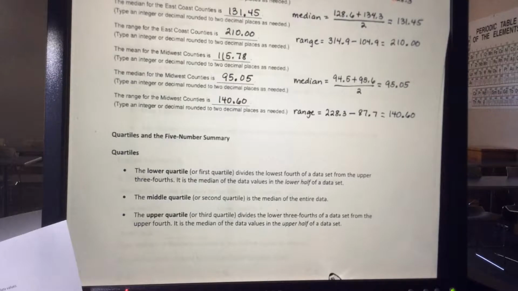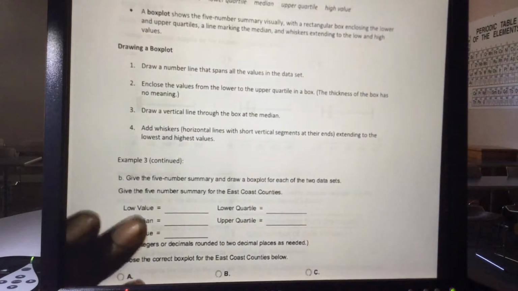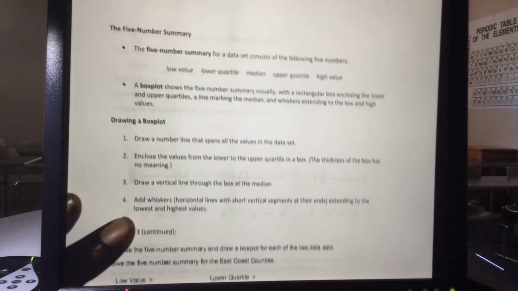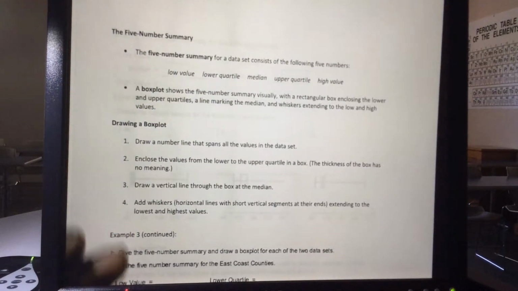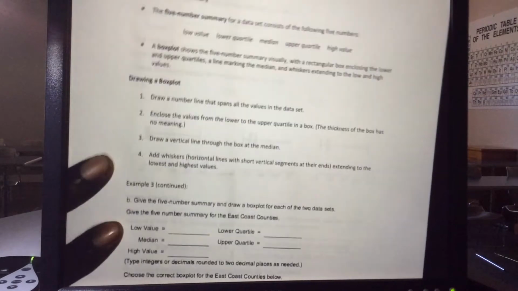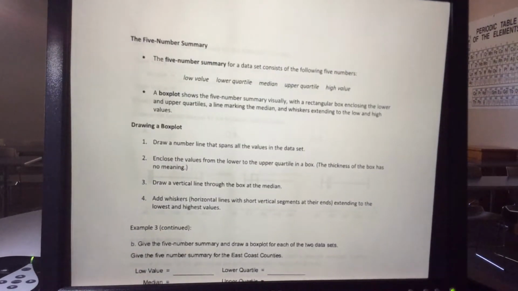Okay. And using the lower quartile, the middle quartile, and the upper quartile, we can also come up with what they call a 5-number summary. So this is what we'll talk about here, the 5-number summary. The 5-number summary for a data set consists of the following 5 numbers.